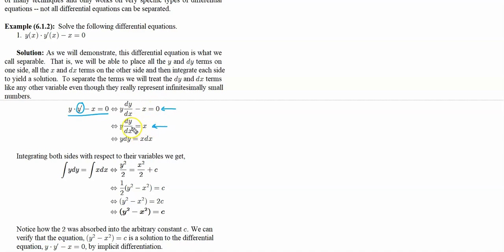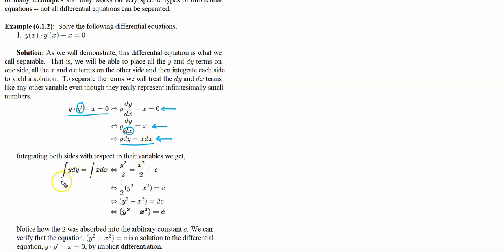And now what we can do is think of the dx here as being a variable. Even though it really isn't a variable, just think of it as being a variable. Multiply both sides by dx and you end up with this equation. So now you see here we have all the y's and the dy on one side, the x's and the dx on the other side, and we can integrate both sides.